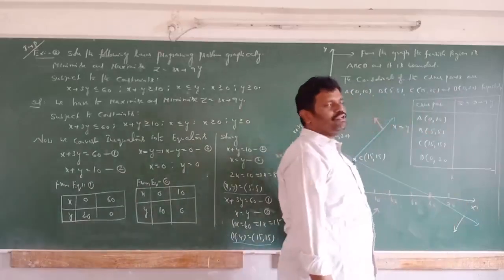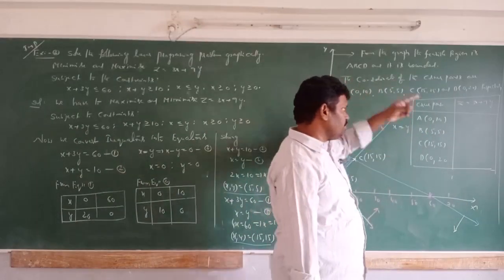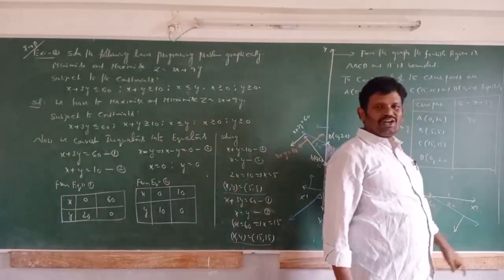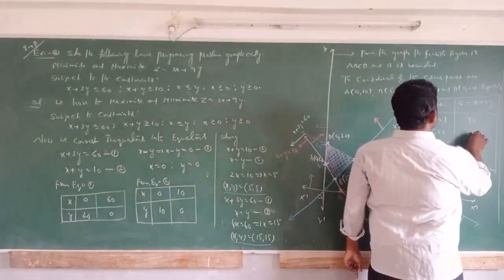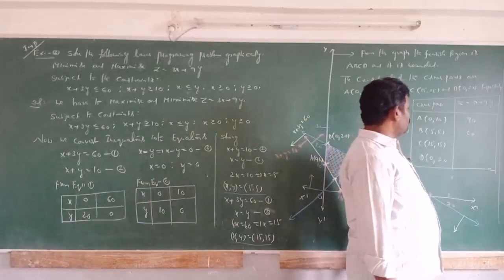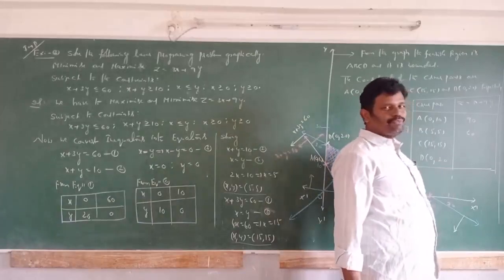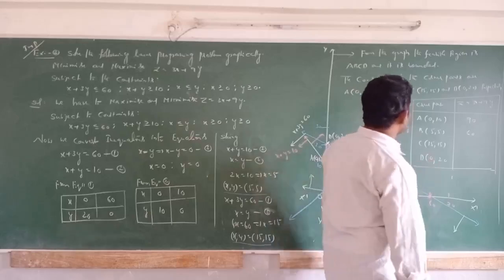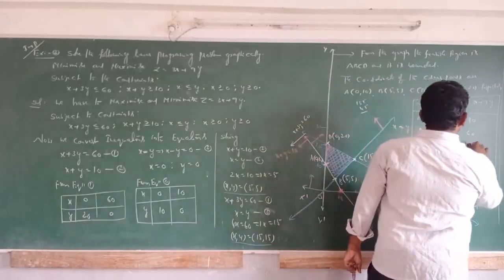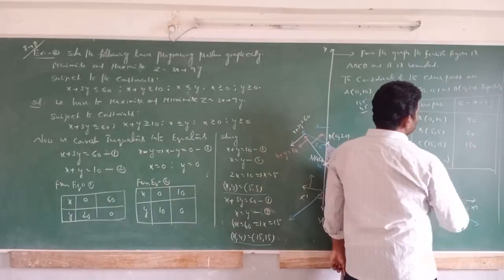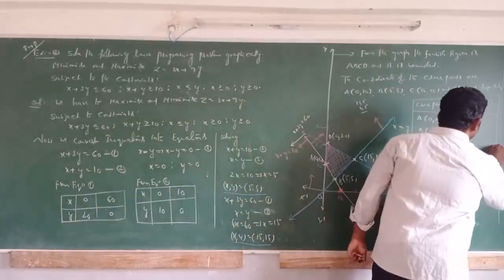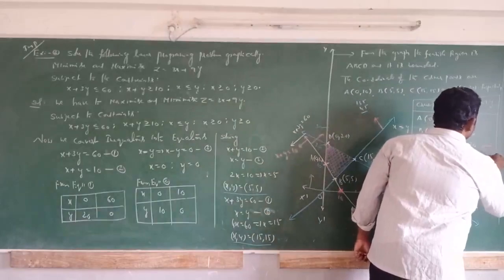Substituting 0 comma 10, we get the value 90. For 5 comma 5, 15 plus 45, that is 60. Then for 15 comma 15, 15 into 9 is 135, so 135 plus 45 is 180. Next value is 0 comma 20, this is also 180. So these two are the maximum values.